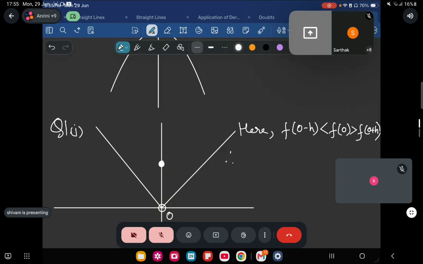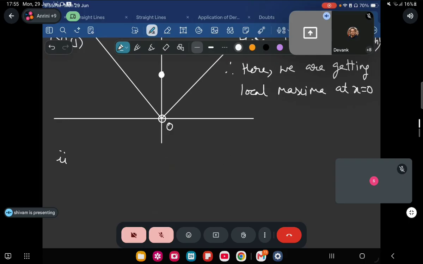Therefore, here we are getting local maxima at x equal to 0.